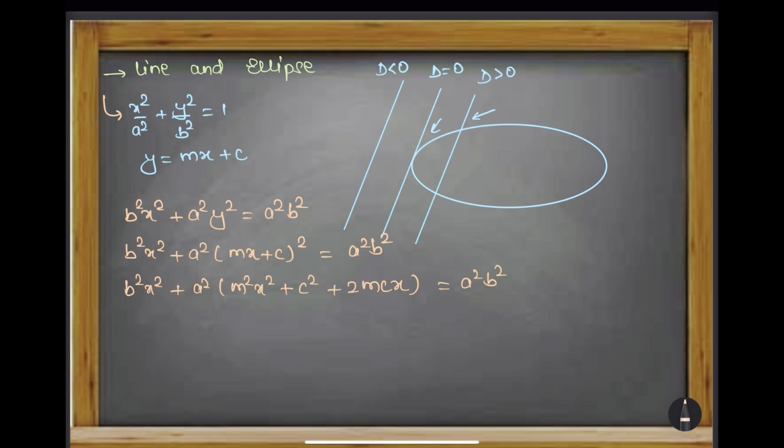Now I'll write it as a quadratic in x. So what we get is (b square plus a square m square) x square plus 2 a square mc x plus the constant a square c square minus a square b square.